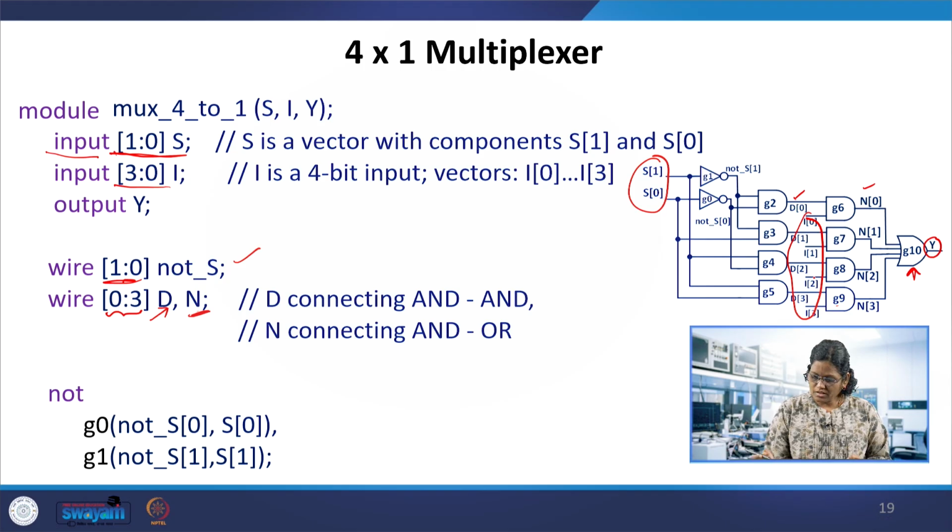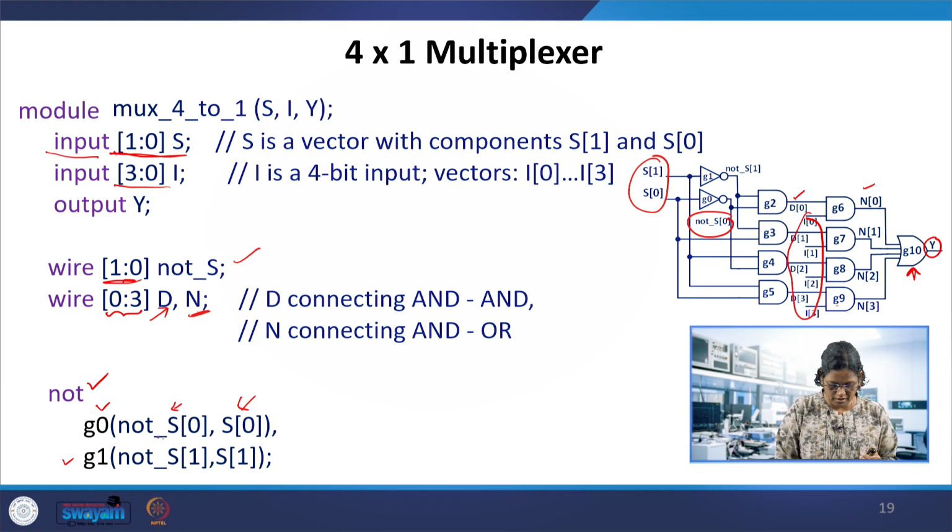Now instantiation. How can we combine these instantiations as well? So there are 2 NOT gates in this example, and the gate instantiation starts here. NOT, the first gate G0, and the second one G1. For G0, the output is not S of 0 and the input is S of 0.